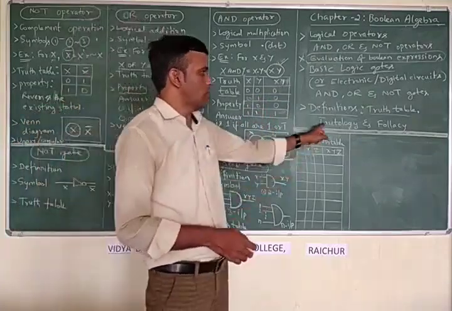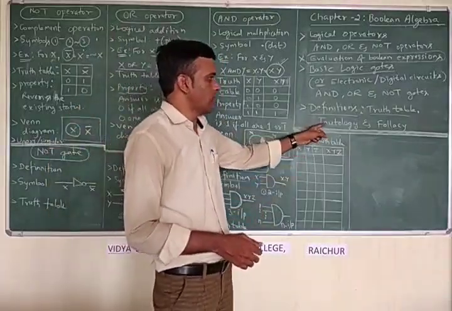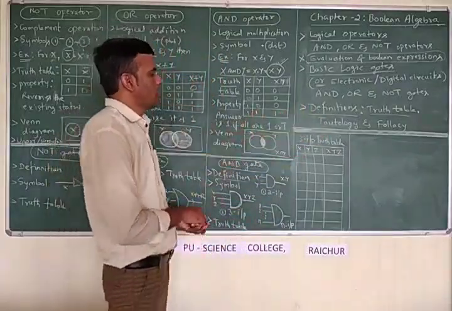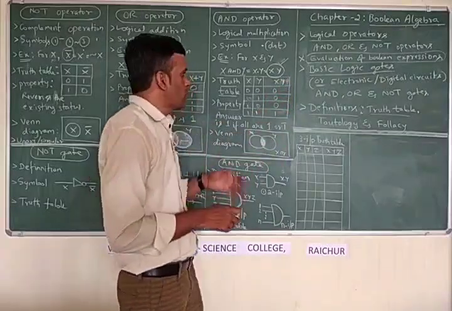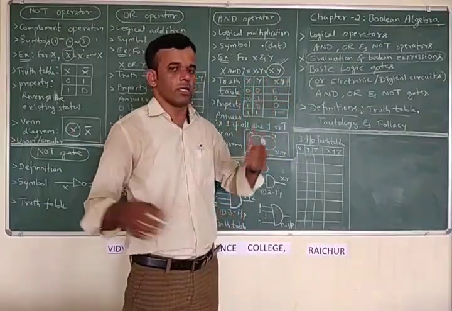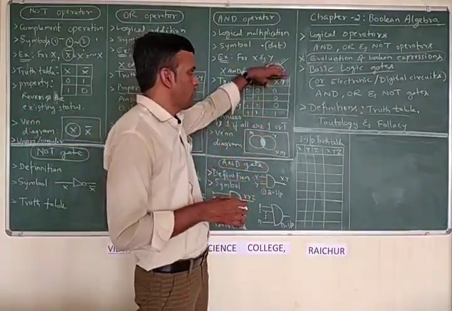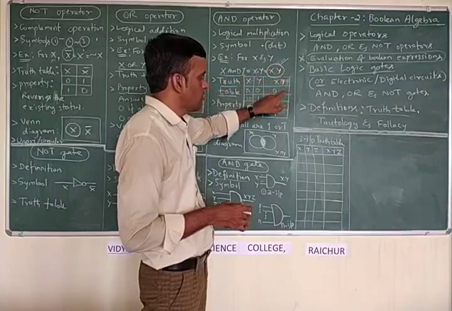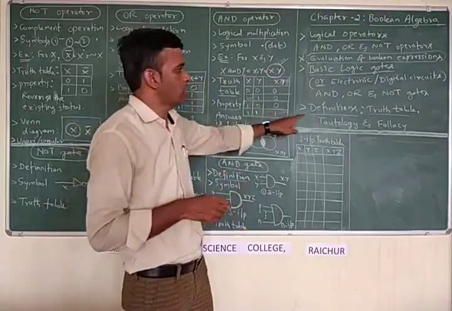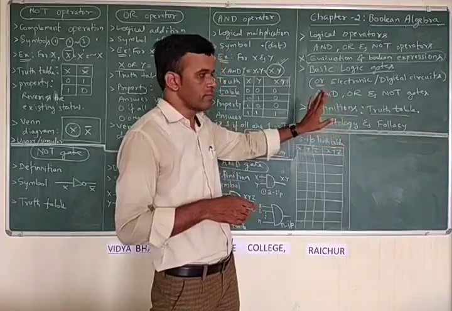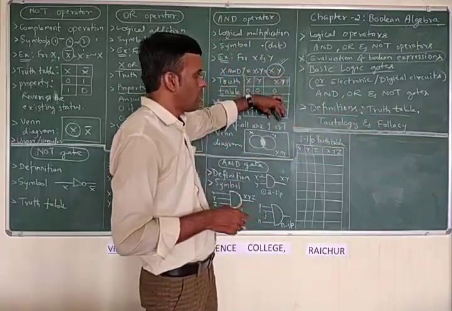And what about tautology and fallacy? Tautology is the case when the resultant column, after the operation, whichever operation it is, AND, OR, NOT, or a combination of many operations, has all 1s or true. Then it is called a tautology. A fallacy means the resultant column is all 0.